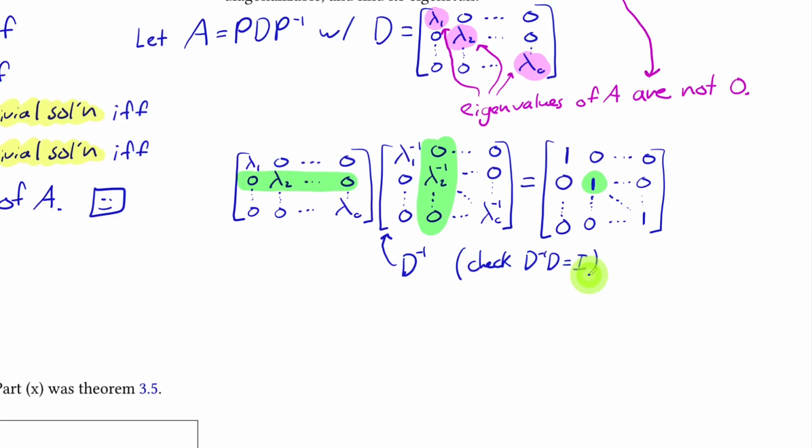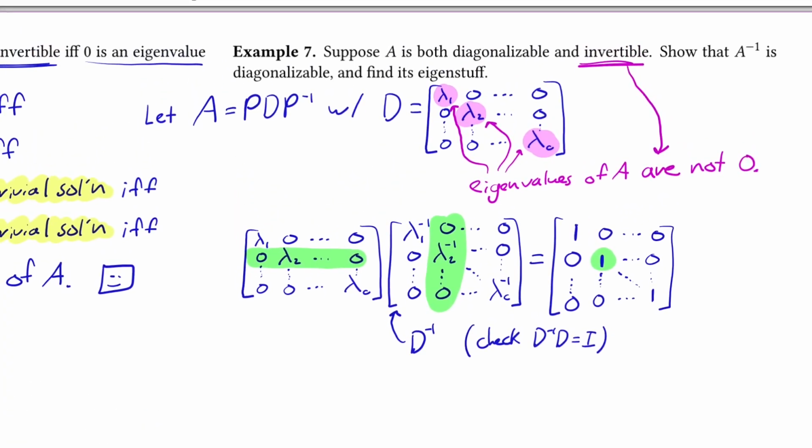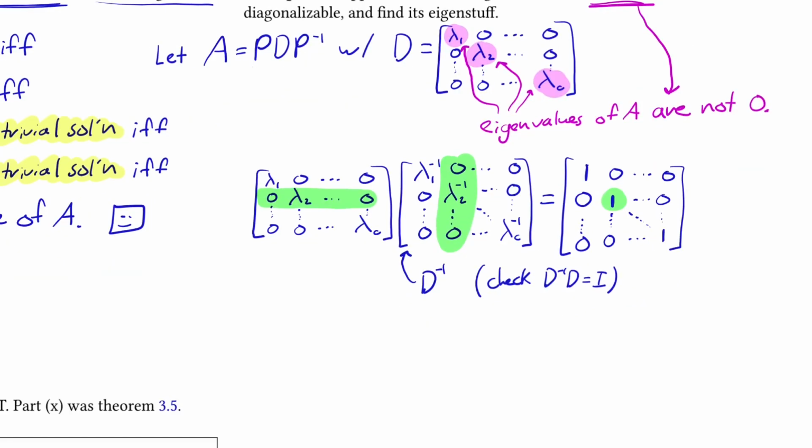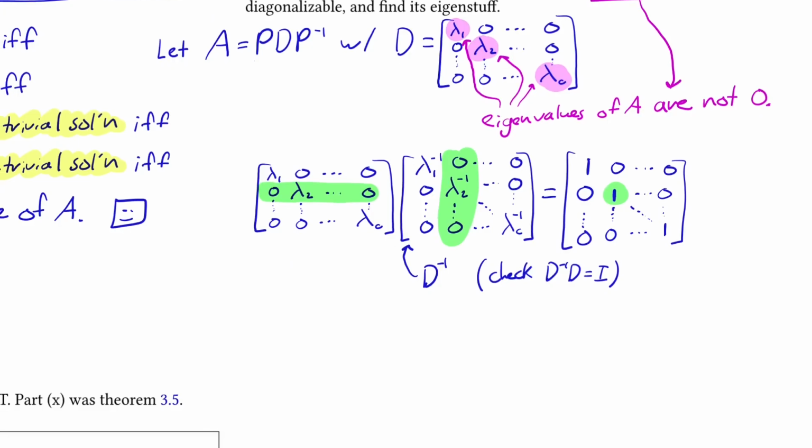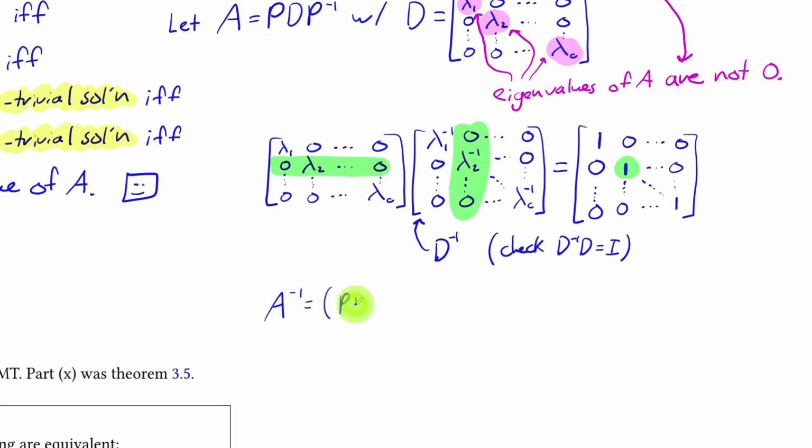Okay, now that we have that, we know that all the different factors that make up A are invertible. So that means when we find A inverse, we can multiply the inverses of these different parts in backwards order, and that will multiply to make A inverse.